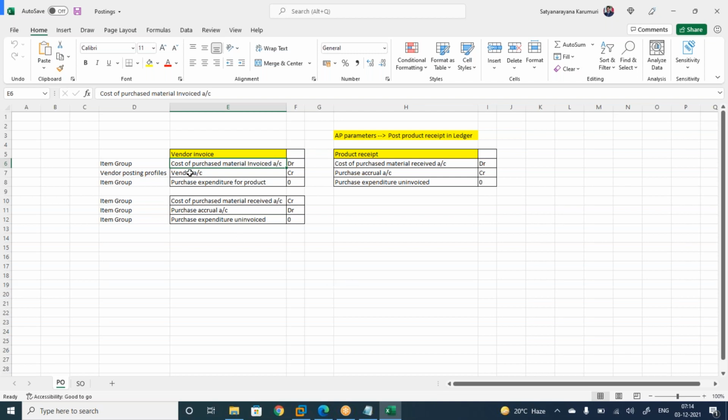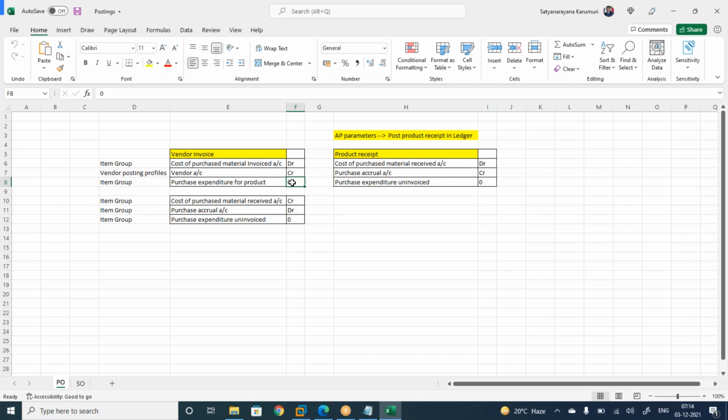Okay, so that is clear. I have not explained only one thing: why purchase expenditure for product is 0 and why it is required. In detail we will discuss this, but I am just giving you high-level input on its purpose. At the time of product receipt you have entered some price, I mean the exchange rate.